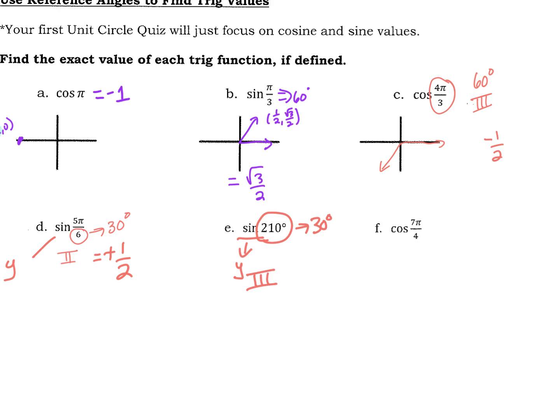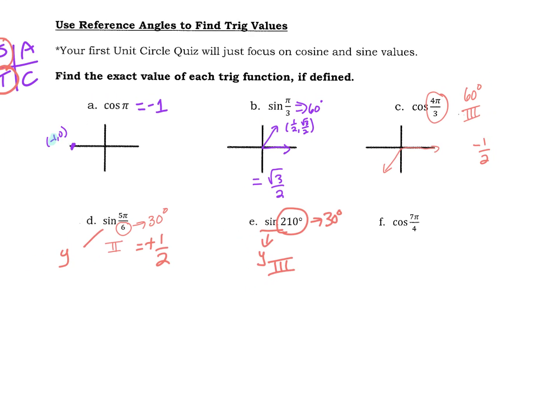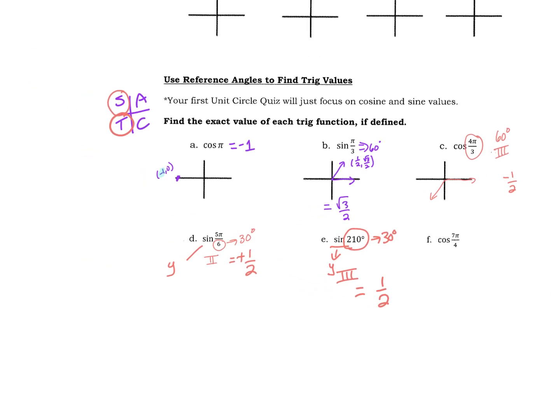So I've already seen that for my 30-degree reference angle, my sine value is 1/2. Now I just have to decide whether it should be positive or negative. In quadrant 3, sine values are negative because the only trig function that is positive there is tangent. So this has to be a negative 1/2.